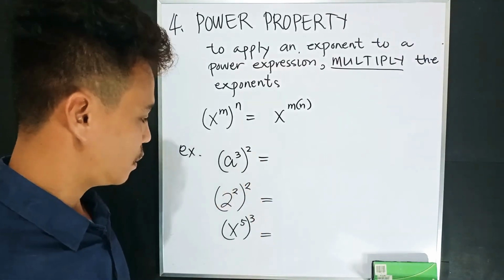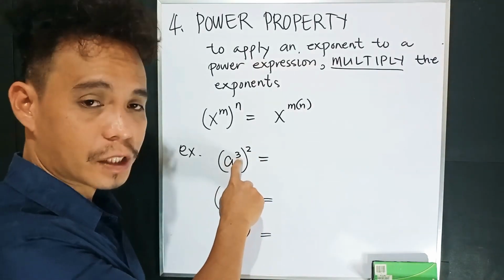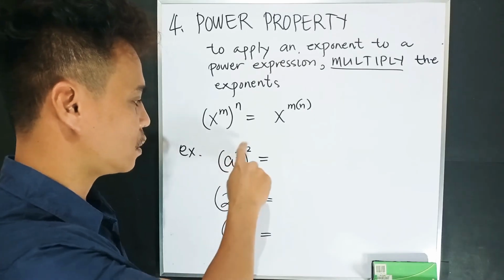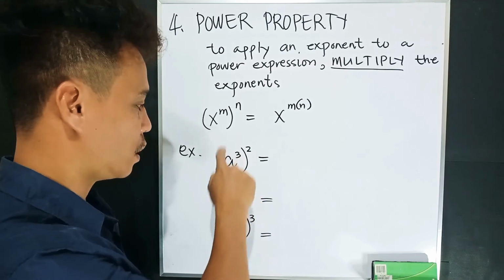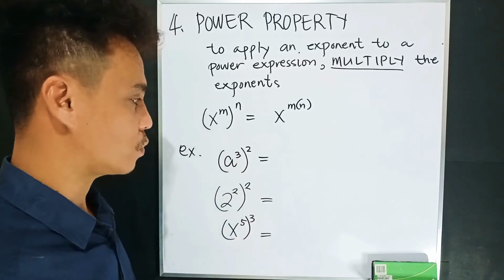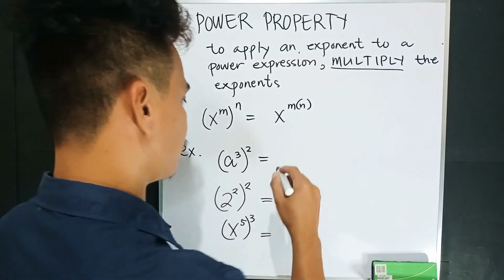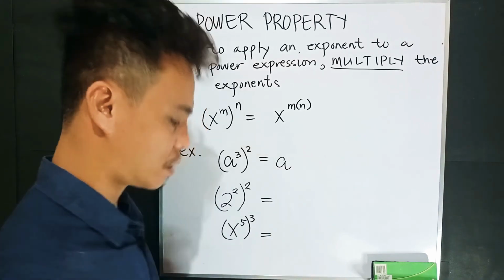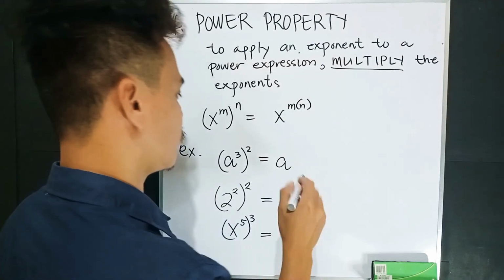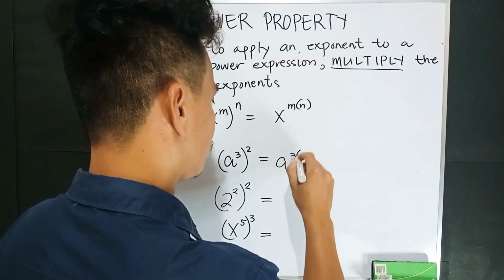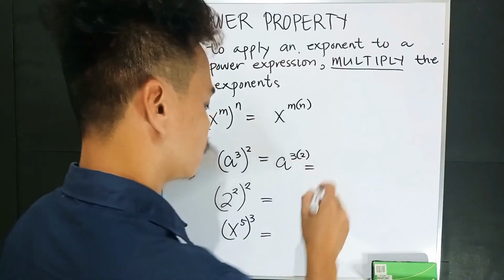Example, a to the power of 3 quantity squared. So your a is being raised to 3 and being raised to 2. So gagawin natin is to keep the base. So kukopyahin lang natin yung base, at imu-multiply lang natin yung exponent. So this is 3 multiplied to 2.